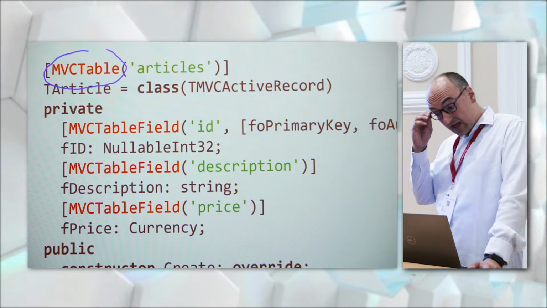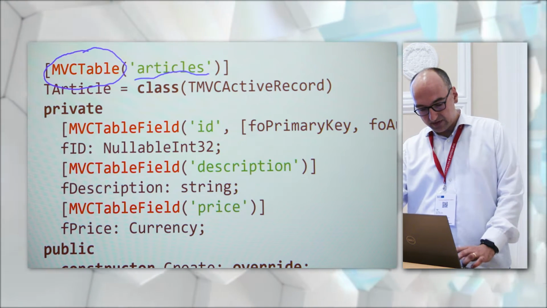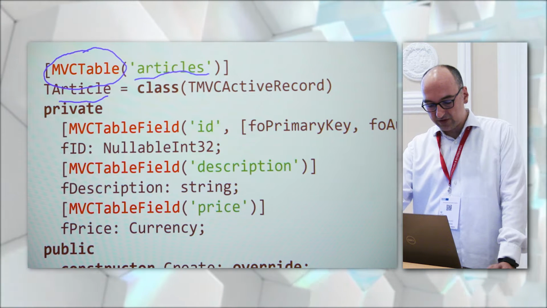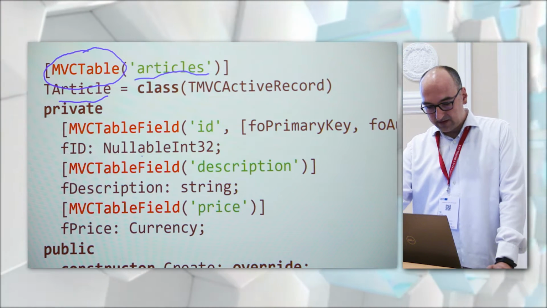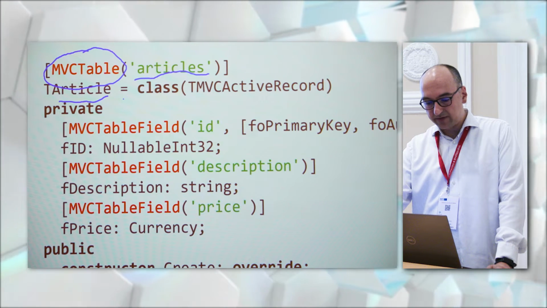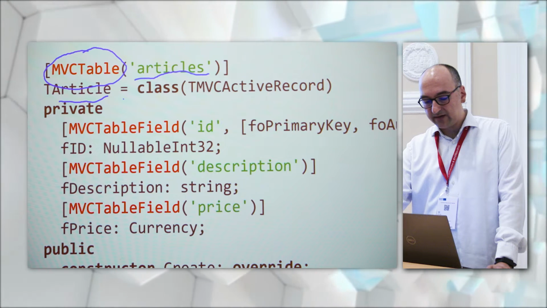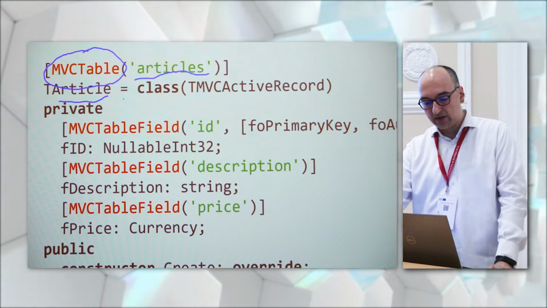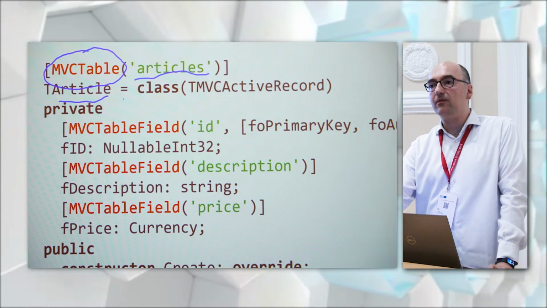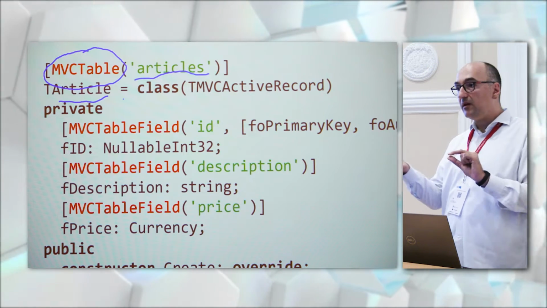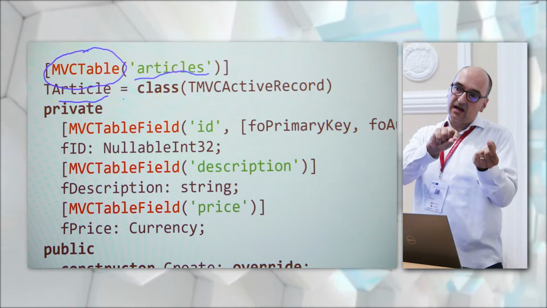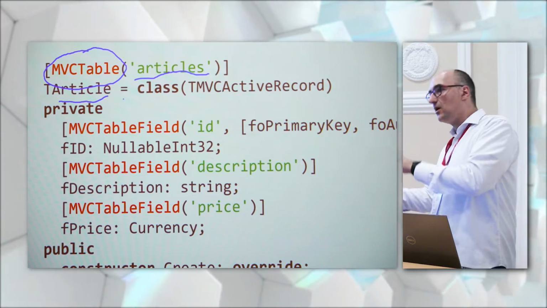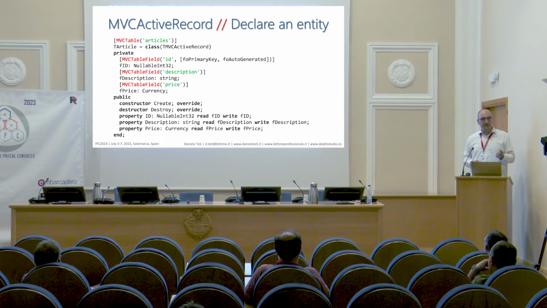As you can see, there is the MVCTable attribute, which defines the name of the table where this class must be retrieved, persisted, inserted, updated, and so on, and MVCTableField, which defines the mapping between the class instance attribute and the field of the table mapped by that class.